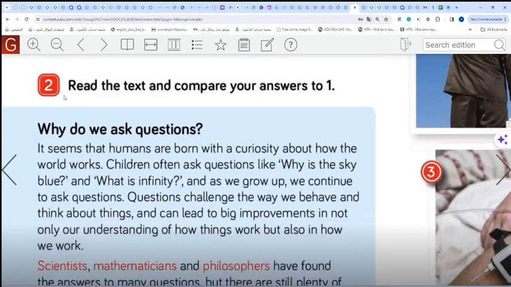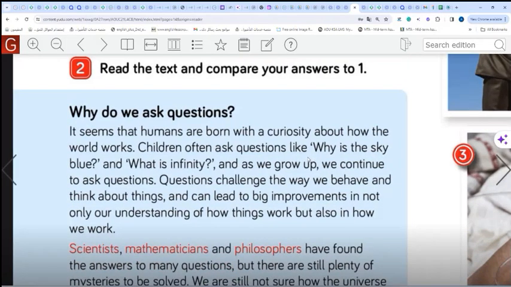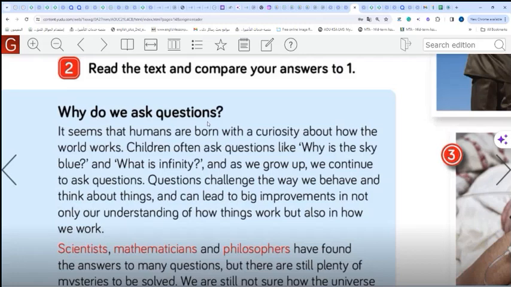Now, look at exercise 2. Read the text and compare your answers to one. For example, why do we ask questions? It seems that humans are born with a curiosity about how the world works. Children often ask questions like, why is the sky blue?